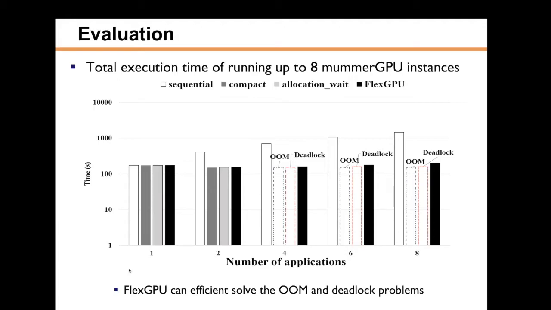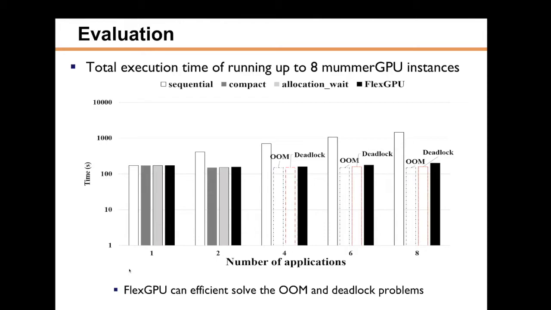It shows that due to the lack of a necessary GPU memory management method, MemoryGPU experienced OOM failure when the number of concurrently running instances exceeds 3 in the compact scenario. Meanwhile, due to the deadlock issue, the number of safely parallel running instances is also limited in the allocation wait scenario.